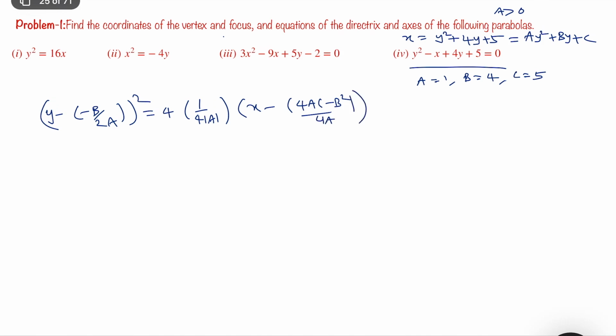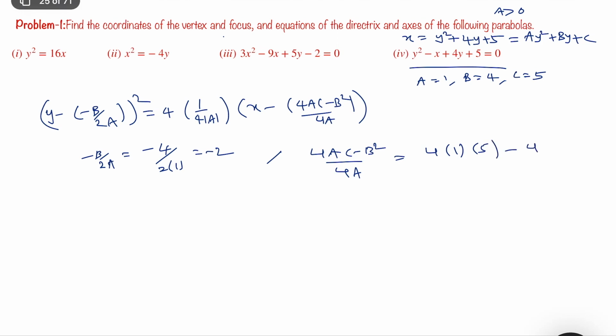Okay, so first, what is minus b by 2a here? So b we got 4, 2 times 1, it's going to be minus 2. Next, what is this 4ac minus b square by 4a? 4 times 1 times 5 minus 4 square by 4 times 1.